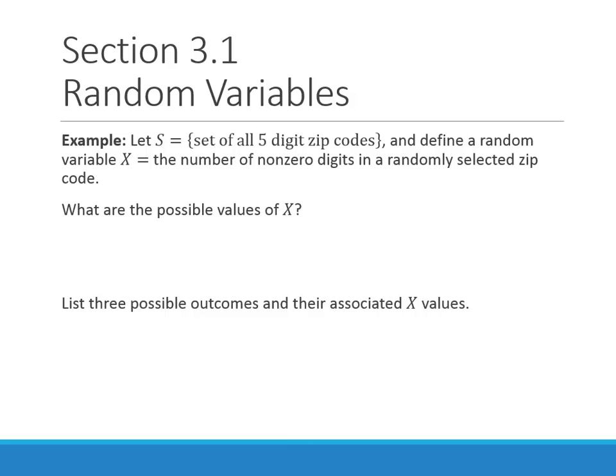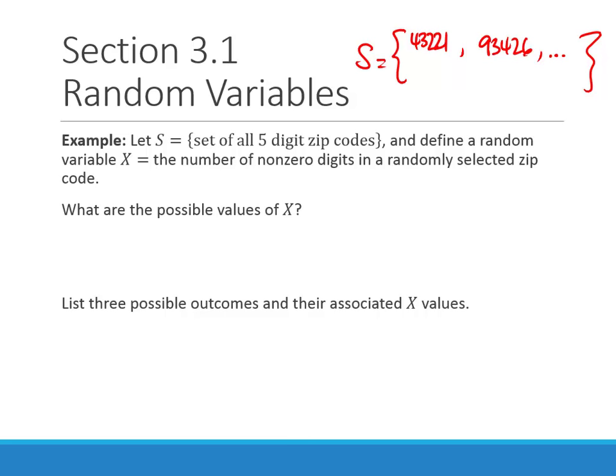So again, our sample space is going to have a lot of different things in it. I'm not going to list all those out, but a zip code is just a 5-digit number that has no restrictions on what it is. So our sample space is something kind of abstract, just 5-digit codes.